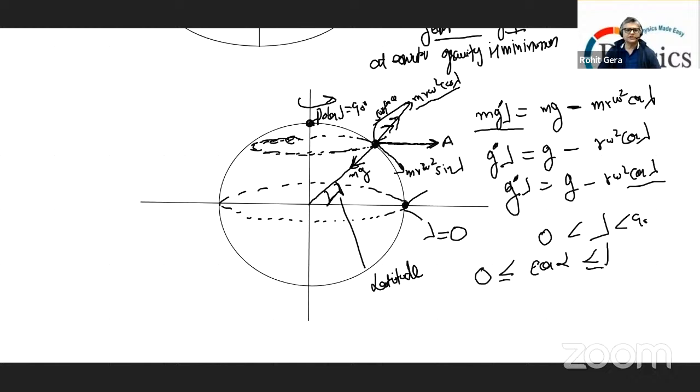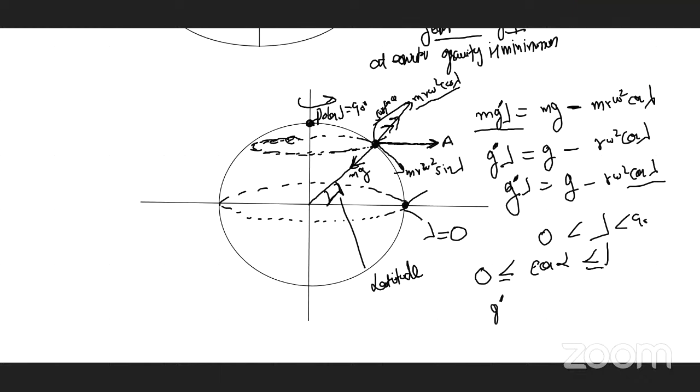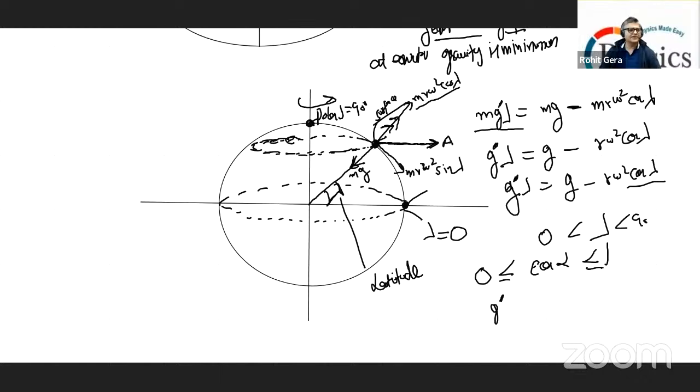And therefore g dash will be, what have we written here, let's write g lambda or g dash, not g times lambda. We have used the terminology of net force experienced by this body in this direction towards the center of the earth. Earth is pulling it with mg and giving it a normal reaction of m r omega square cos lambda.